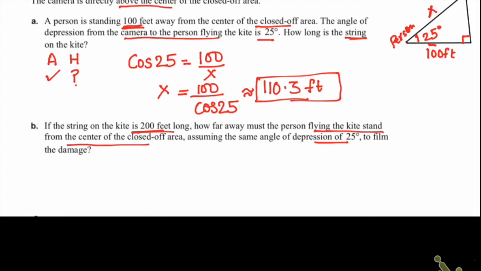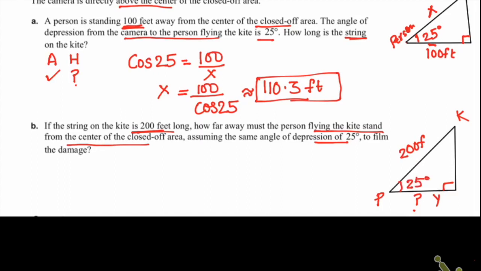This is the height, and here this is the base, and this is 90 degrees, and they're saying now this is 200 feet long, kite is here, person is here, and they want us to find how much this is. I can assign a variable here, y, and this angle they have given, that's 25 degrees.